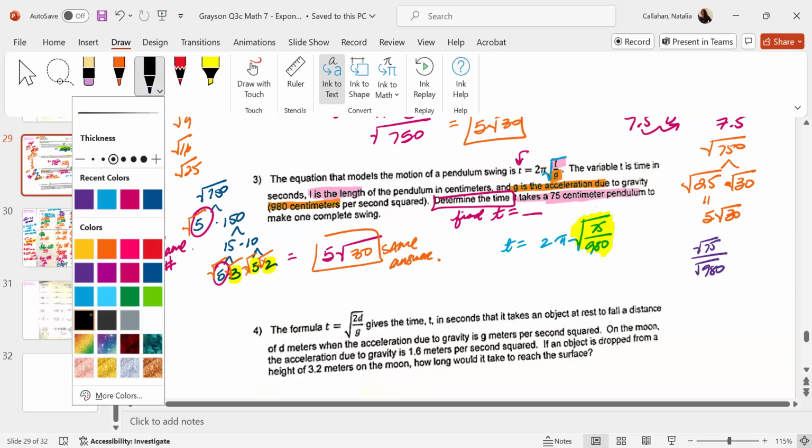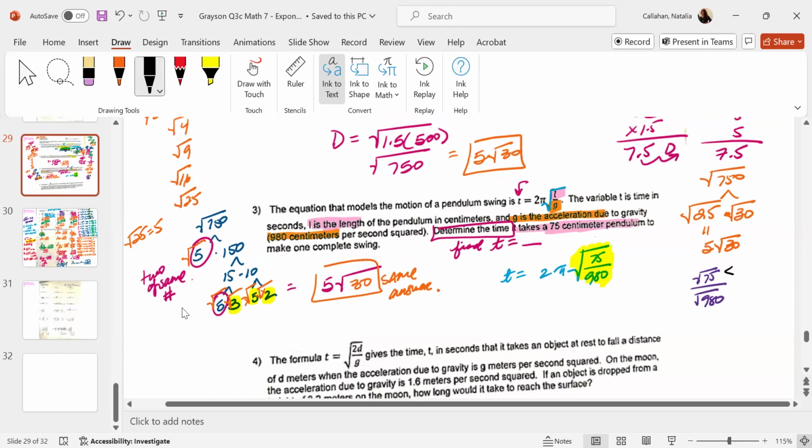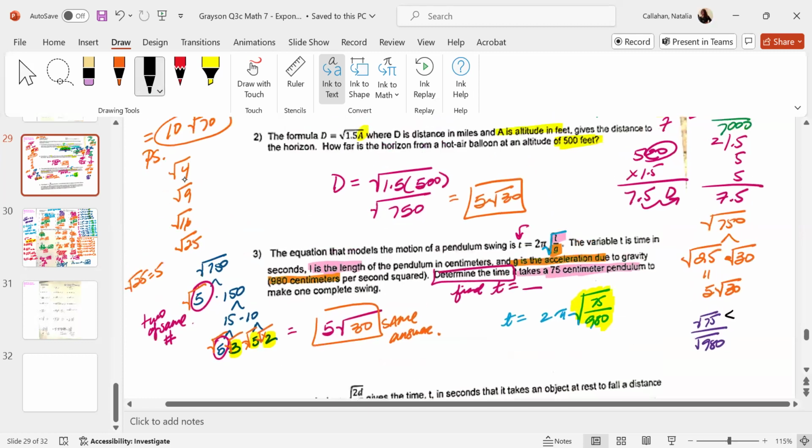Start out with 75. What's the perfect square that goes into 75? The perfect squares are 4, 9, 16, 25. Which one do you think goes in there? 5 is not a perfect square. 25 times 3 is 75.